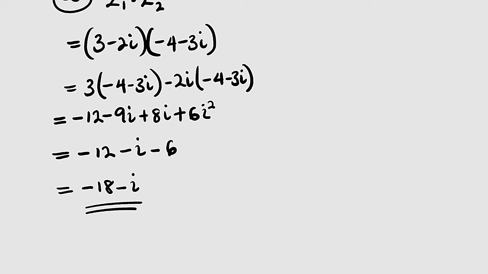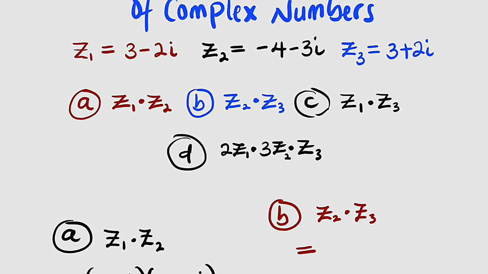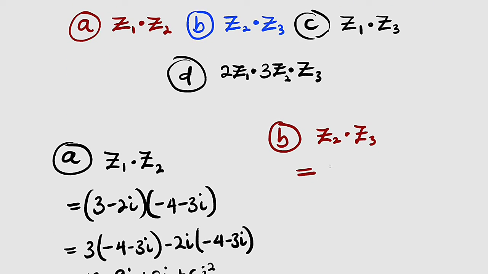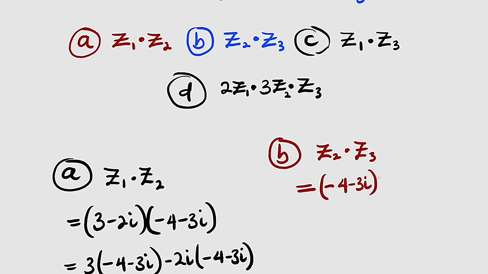Let's take the second question. The second question, we want to multiply z2 by z3. Let's do that. B, we want to multiply z2 by z3. So what is z2? z2 is negative 4 minus 3i, multiplied by z3, which is 3 plus 2i.